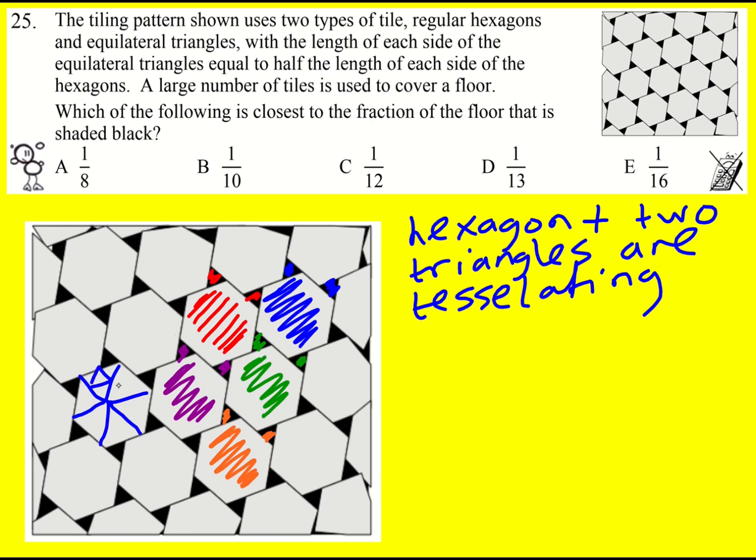It's actually going to look like that. So each hexagon, there are 1, 2, 3, 4 times 6, 24 triangles of the same size as the black triangle in them.